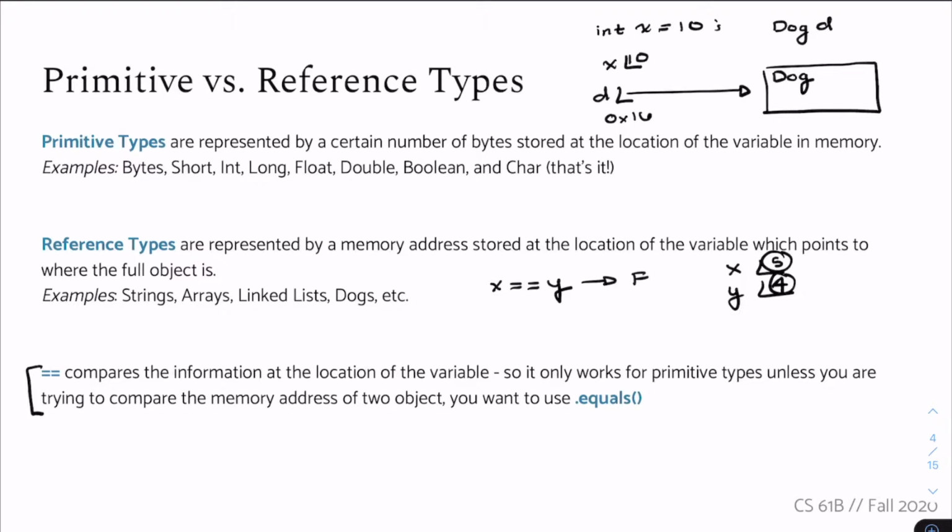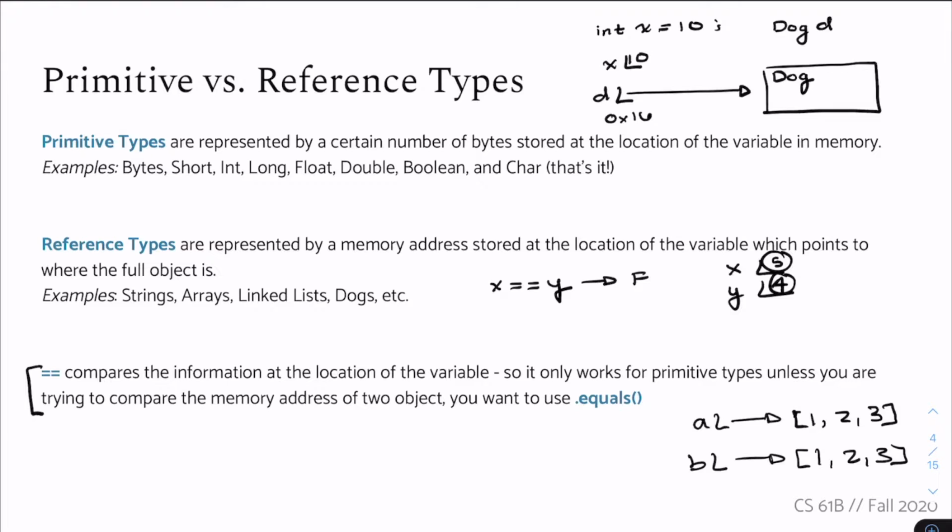Now, let's say you have 2 array objects, which is even more straightforward. So let's say you have A, which points towards the array 1, 2, 3. And you have B, which also points towards a different array that contains the same items.